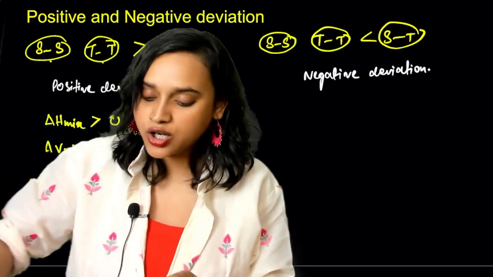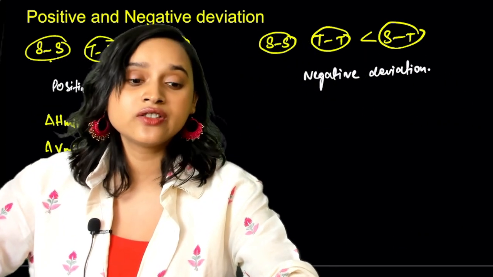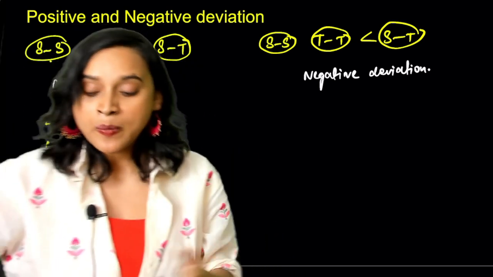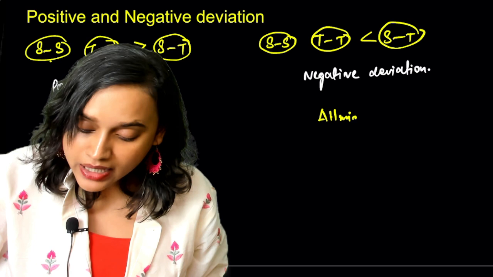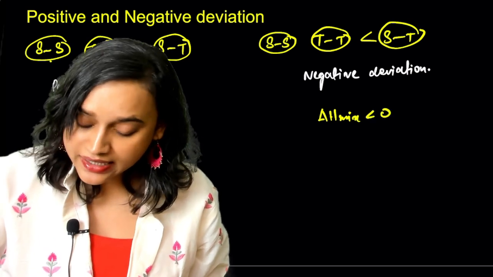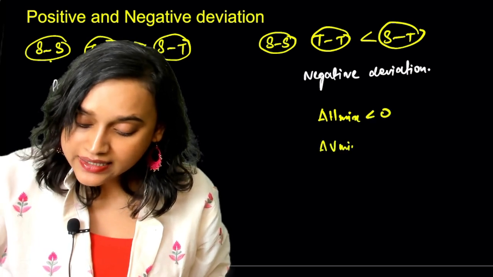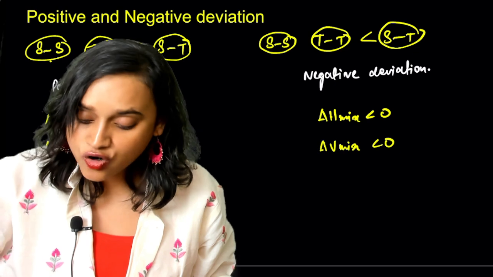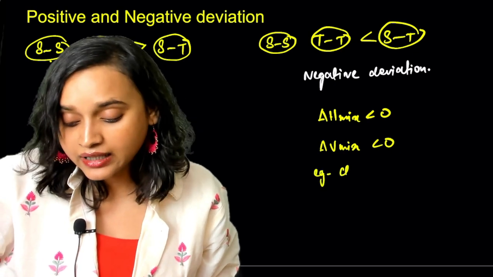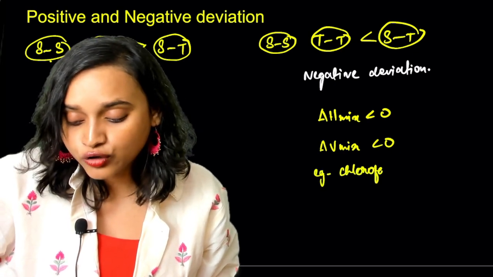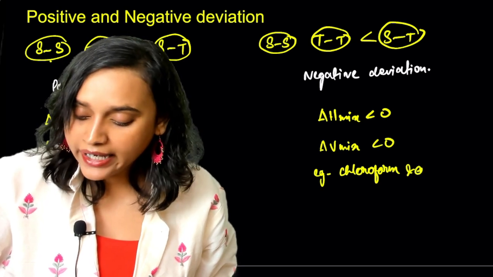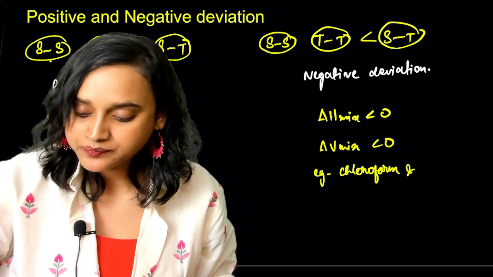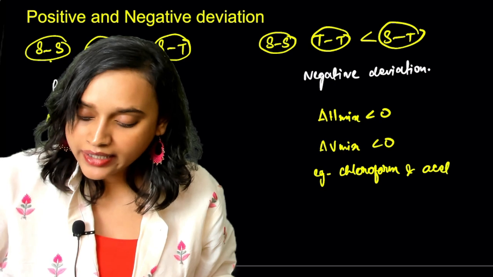All right. Now let's talk about the negative deviation. In the negative deviation, you're going to observe that delta H mix is going to be lesser than 0. Delta V mix is going to be lesser than 0. And here the example will be chloroform and acetone.